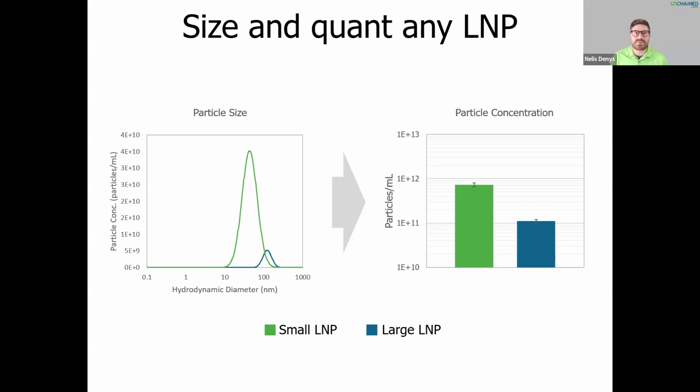Here we have a large and small LNP read by DLS, and we're looking at the size versus particle concentration. The area under the curve is what's quantified to figure out particles per ml. And so it becomes clear that for these samples, we have about 10-fold more small lipid nanoparticles than the large nanoparticle prep.